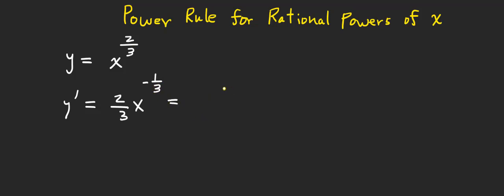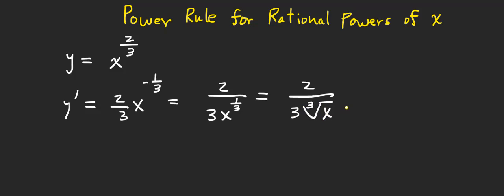So this is the same thing as 2 over 3x to the 1/3, which is the same thing as 2 over 3 cube root of x. You need to realize that these two are the same thing. If the AP test is multiple choice, sometimes they have the answer in radicals. Just know that these two are the same thing.